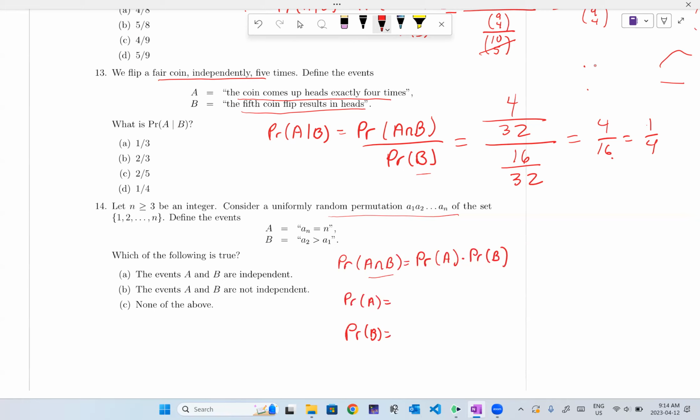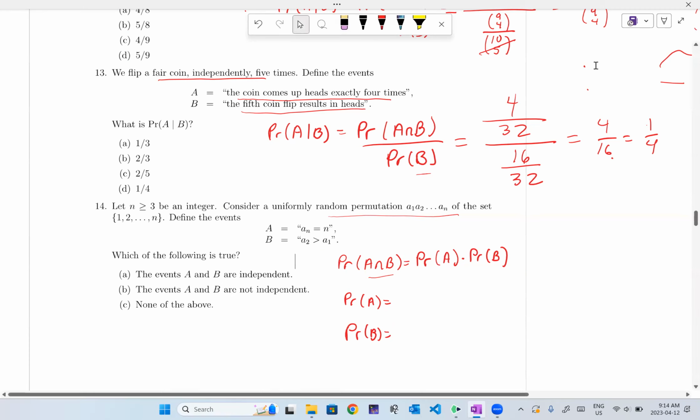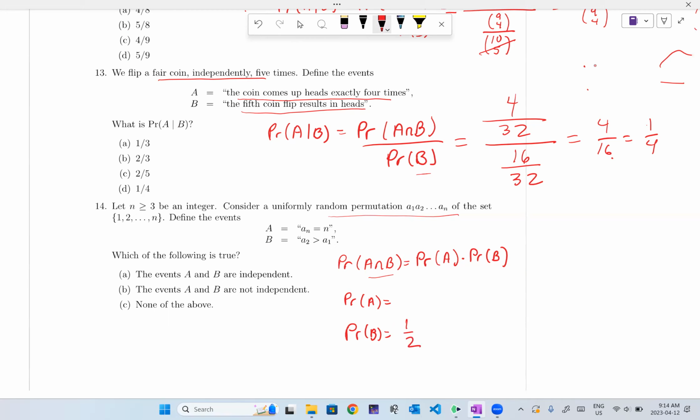We counted the number of strings for which something like this was true. It was n factorial over 2. If I put that over the sample space, which is n factorial, I get a half, right? So the probability of B is a half. If it's a uniformly random permutation, then that's always going to be true no matter which 2 locations I'm comparing.